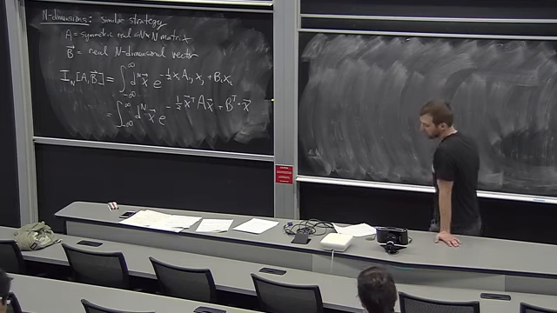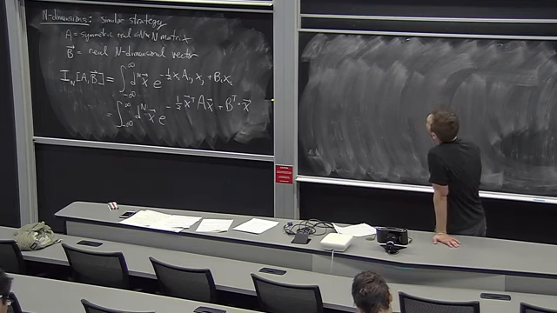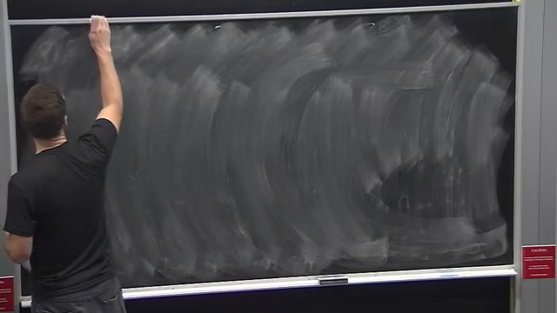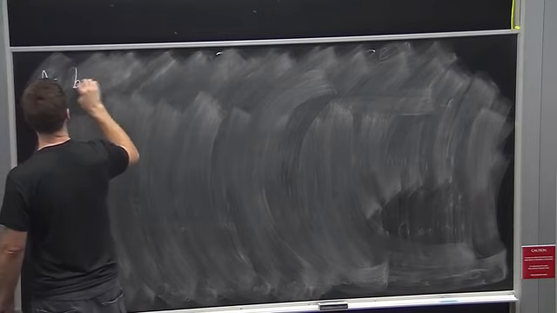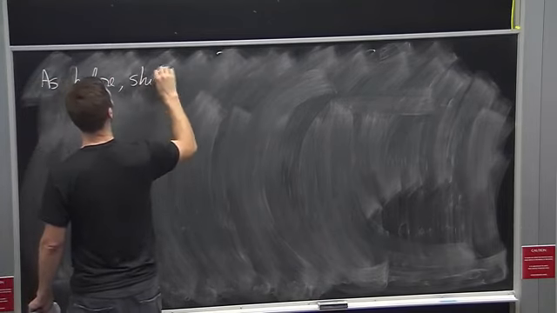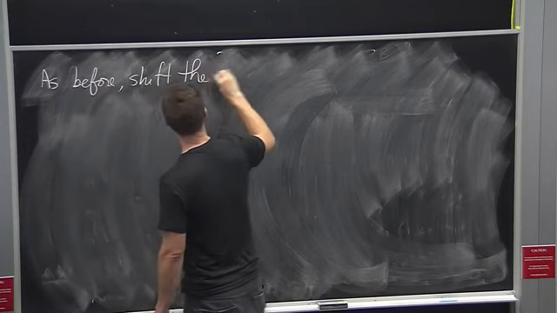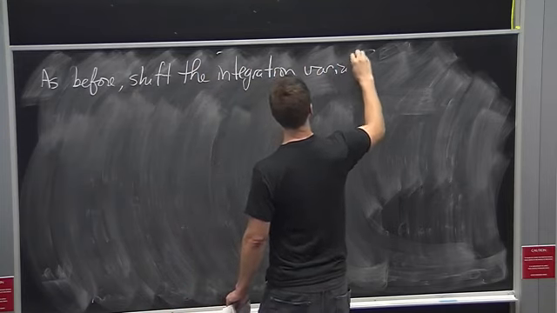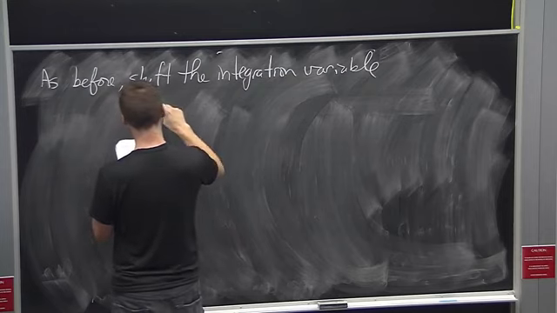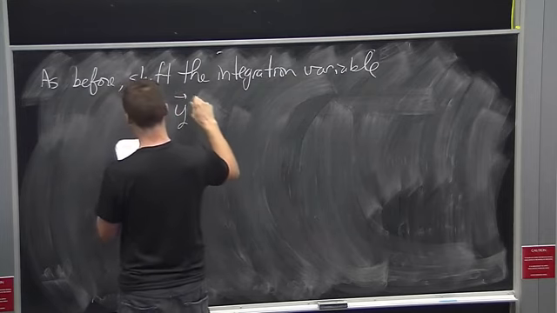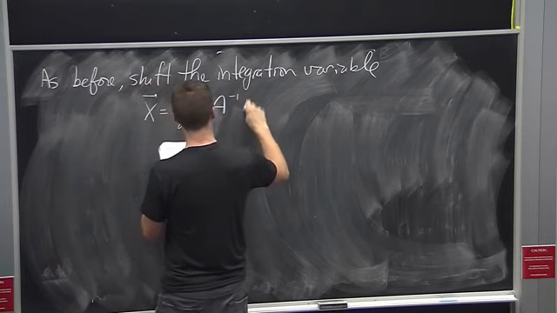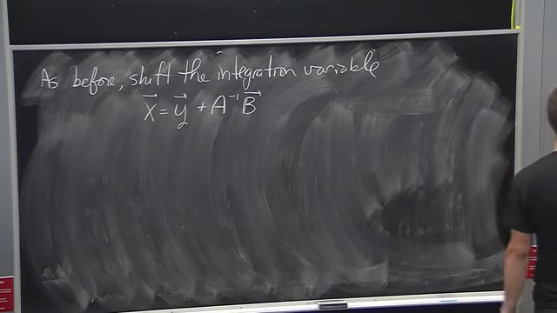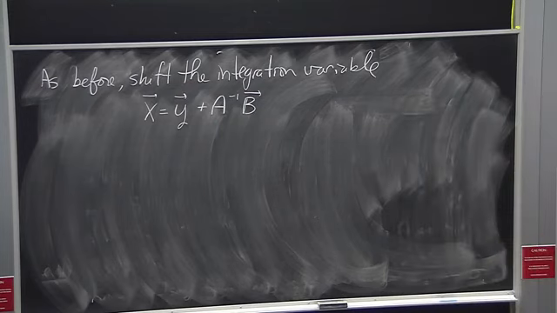So let's shift the integration variable. Before, y was x minus b over a. So let's do the same. x is equal to y shifted, so I have to invert that matrix. Call it A minus 1. We have to get used to dealing with A and its inverse.